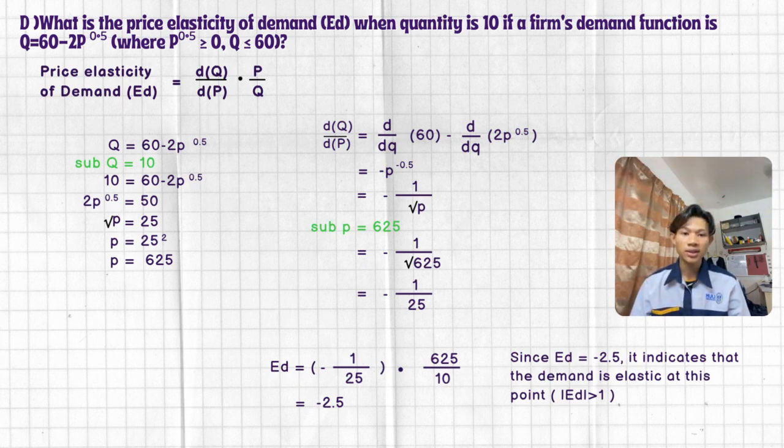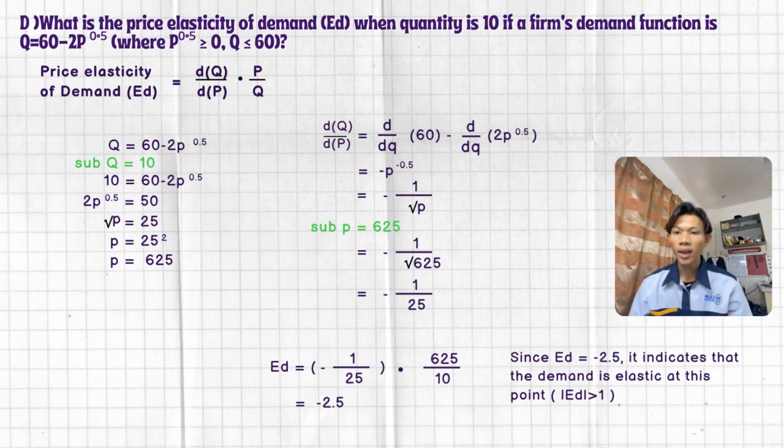For the differentiation, dQ/dP equals d/dP of 60 minus d/dP of 2P^0.5. After differentiating, we get negative 1 over root P. Now we substitute P equal to 625 into the derivative, and we get dQ/dP equal to negative 1 over root 625, and the final answer is negative 1 over 25.